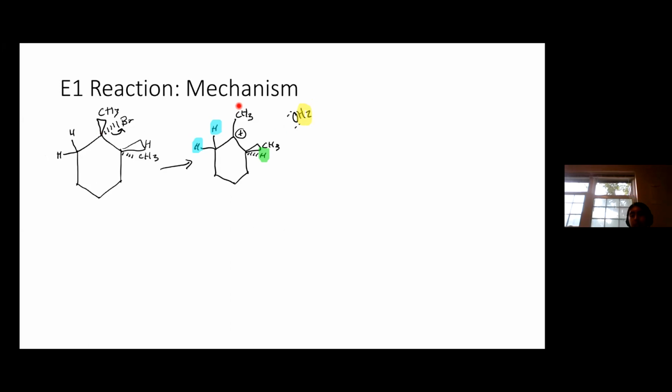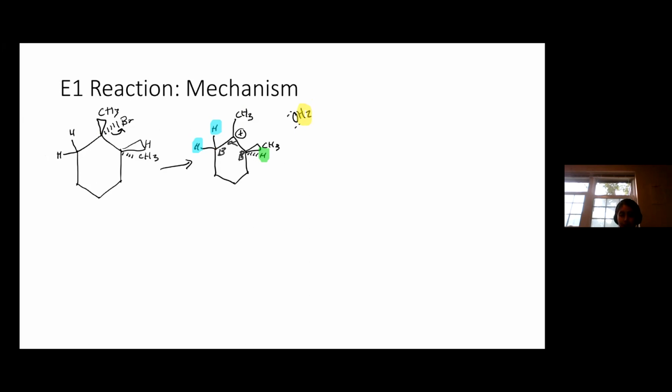The next step will focus on the base and where the base is going to remove that H from. Again, looking at which beta carbon, this is an alpha carbon right there, that's the sign for alpha. This is a beta carbon, and this is also a beta carbon.